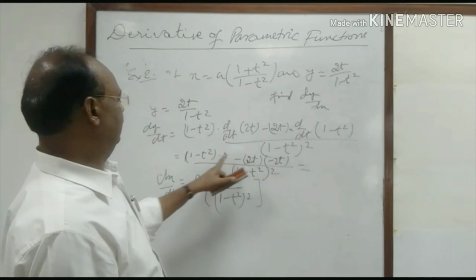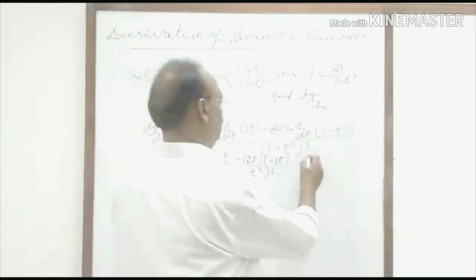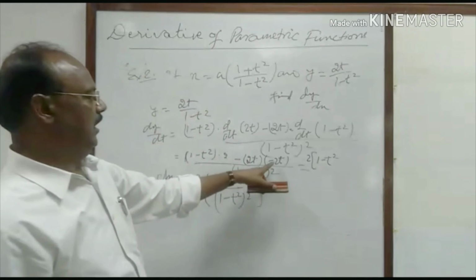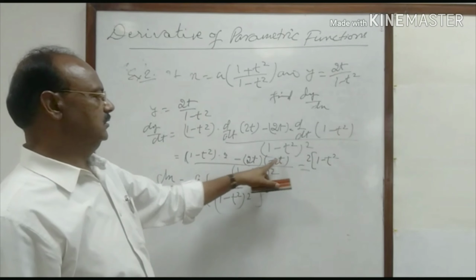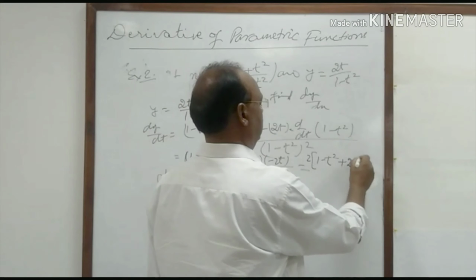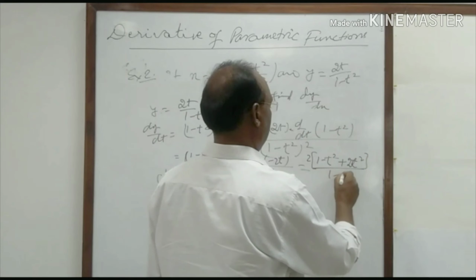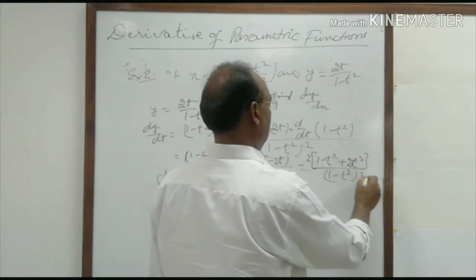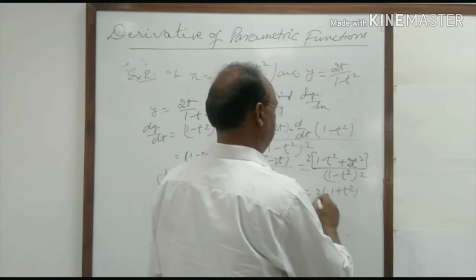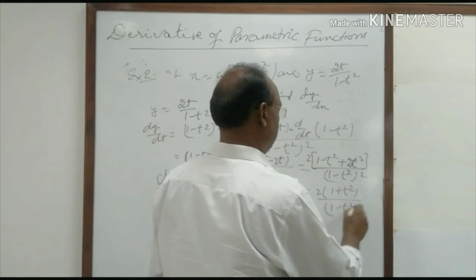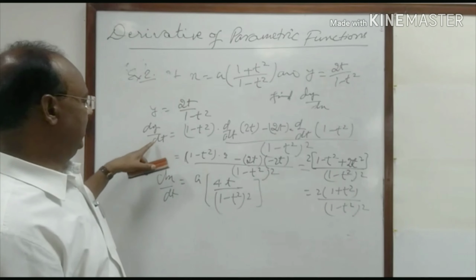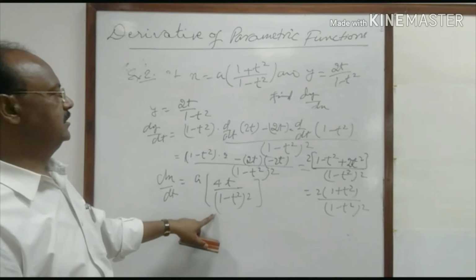We can take 2 common here, so 2 times (1 minus t square), and here we are getting plus 2t square, upon (1 minus t square) whole square. This is equal to 2 (1 plus t square) upon (1 minus t square) whole square. So this is the value of dy by dt, and this is the value of dx by dt.